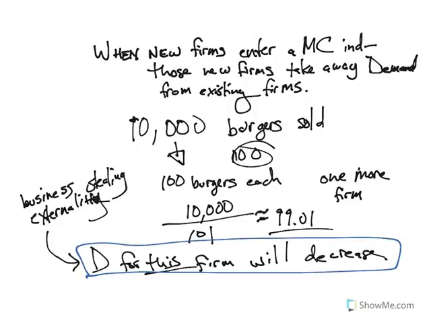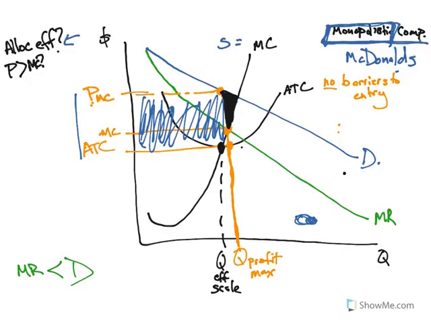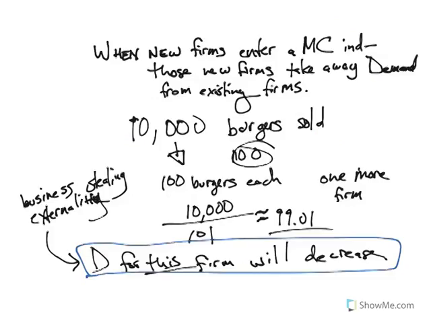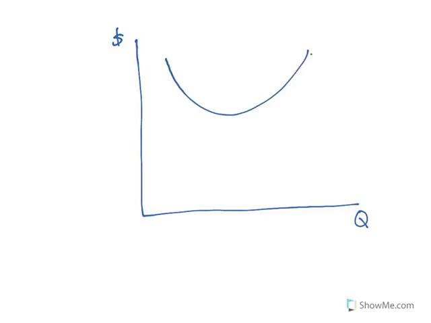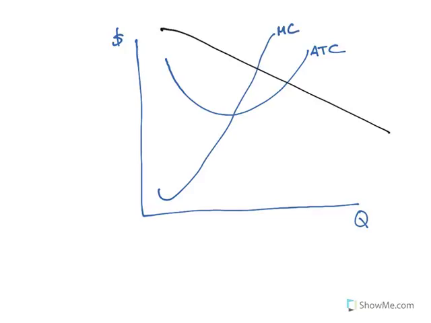So let's see what that looks like on that picture. Well, actually that one's a little messy. Let's draw a new one. So we have our average total cost curve, marginal costs. Let's make our initial demand and marginal revenue curve black.